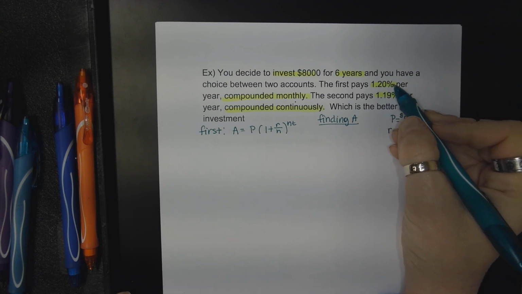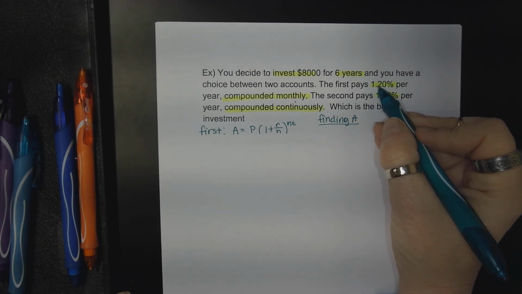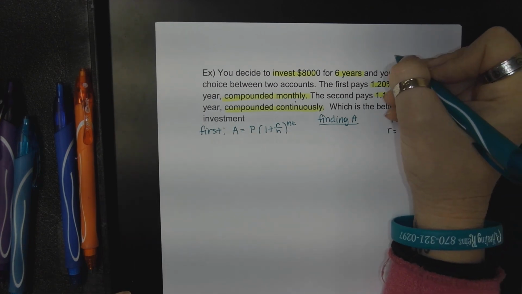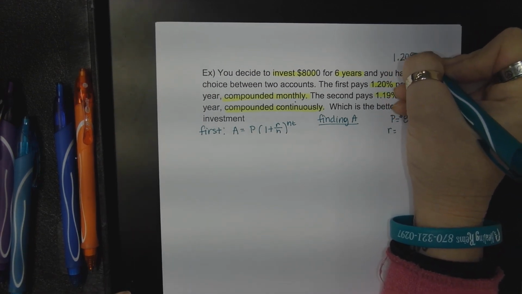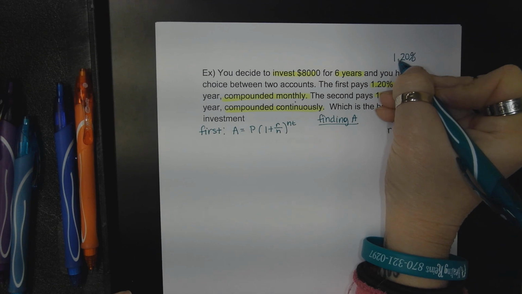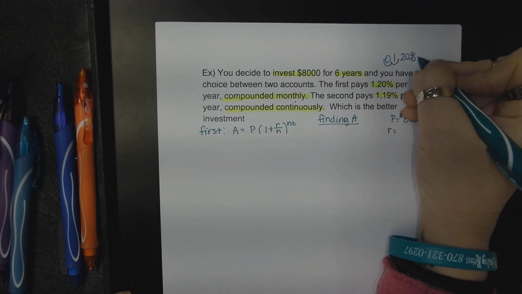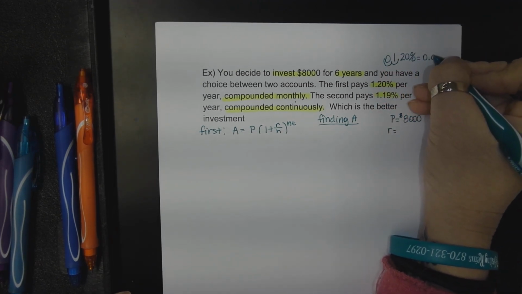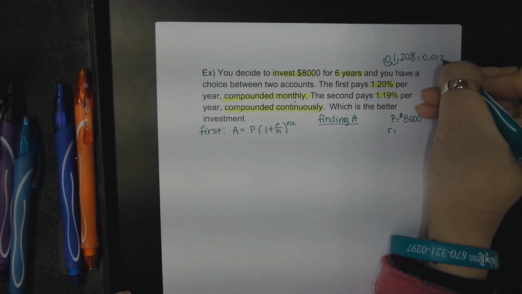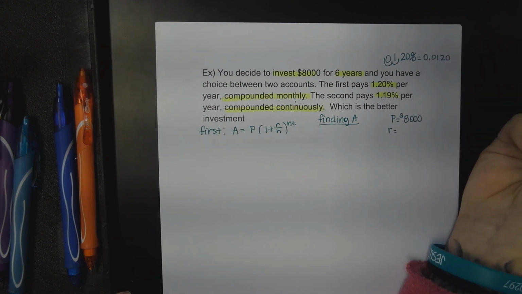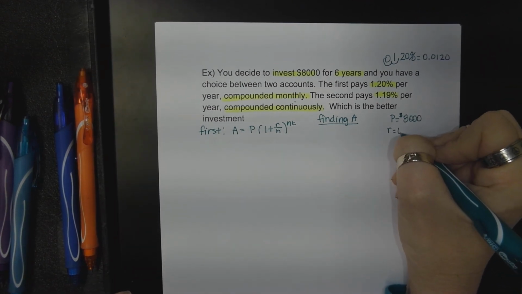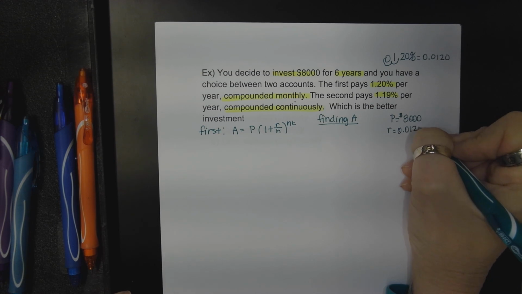We can never leave it in the percentage form though, so we're going to move the decimal point over 2. So 1.20% becomes 0.0120. That's what r equals, 0.0120.